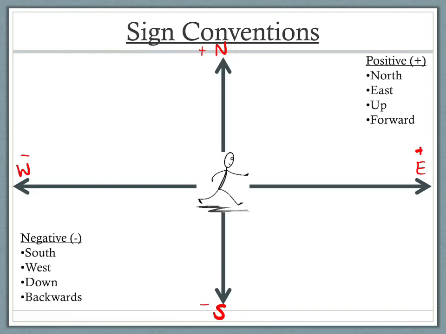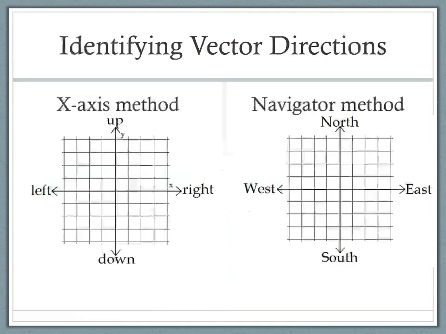But if something's going up, like off the ground, that's going to be positive. If it's going down, like into the ground, then it's negative. And then forwards, we are going to say is a positive direction, and if something's backing up, like a car backing up out of a driveway, that thing is going negative, okay? So here is your up, down, left, right, or if you want to use the navigational coordinates, north, south, east, west, that's how it's set up.